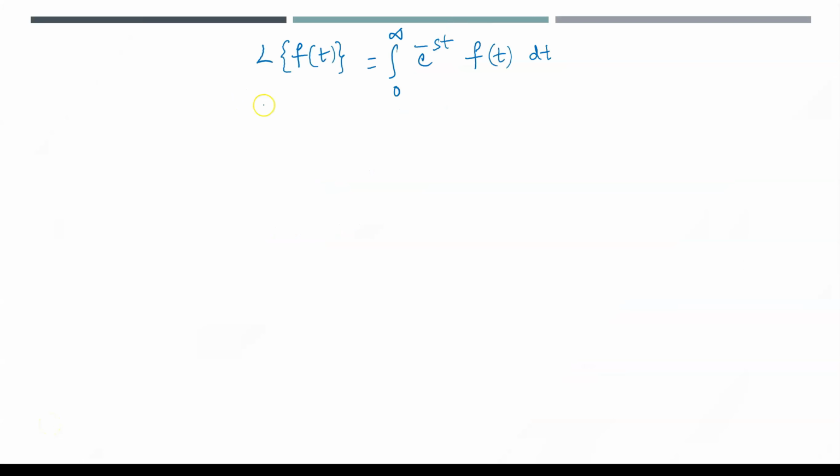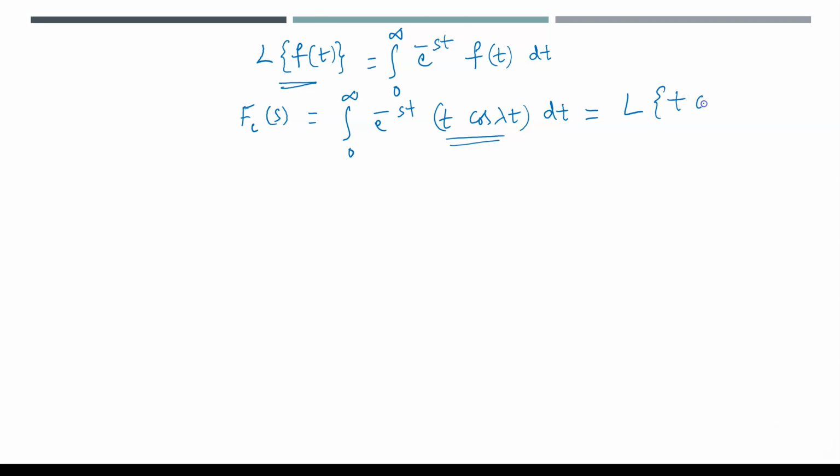So here our integral is Fc(s) equal to integral 0 to infinity e power minus st t cos lambda t dt, right? Which is equal to the Laplace transform of f(t). What is f(t)? t cos lambda t. So we can write the Laplace transform of t cos lambda t.